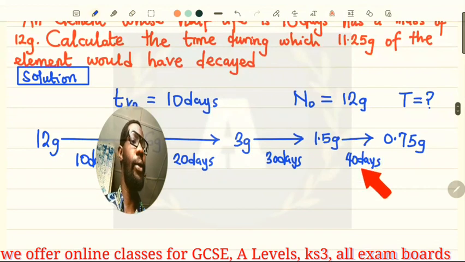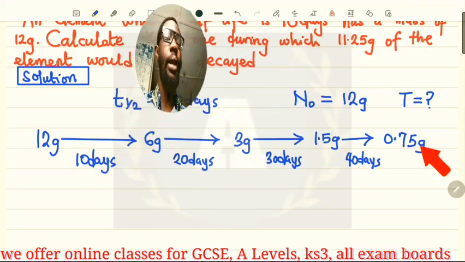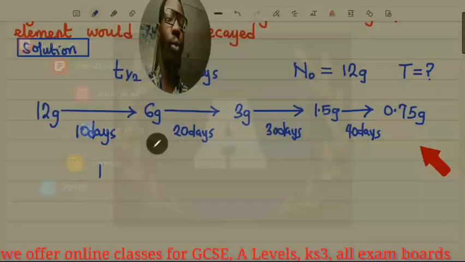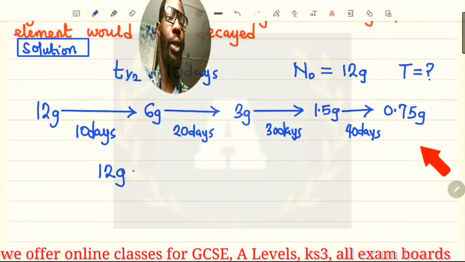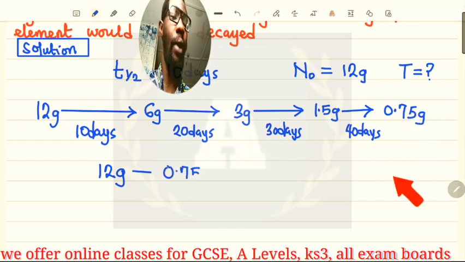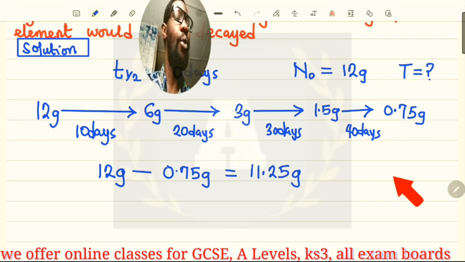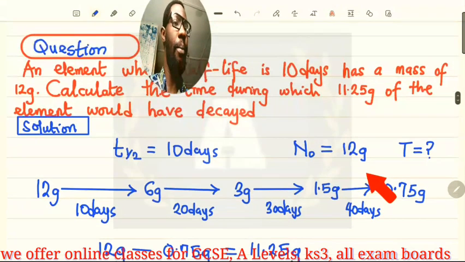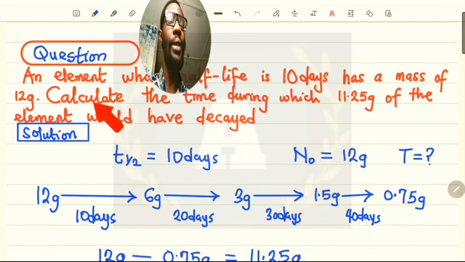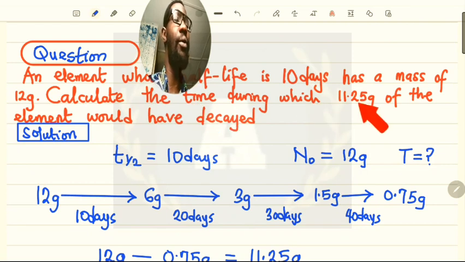After 40 days we have 0.75 remaining, which means that 12 gram, which was the initial mass, when we take away 0.75 gram, what we will have left is 11.25 gram.